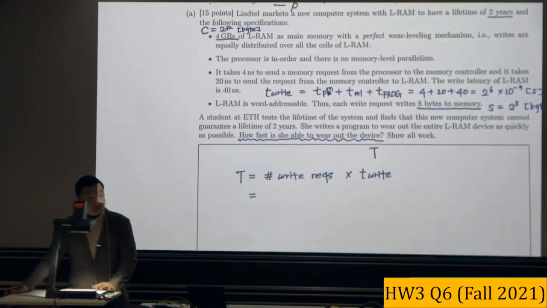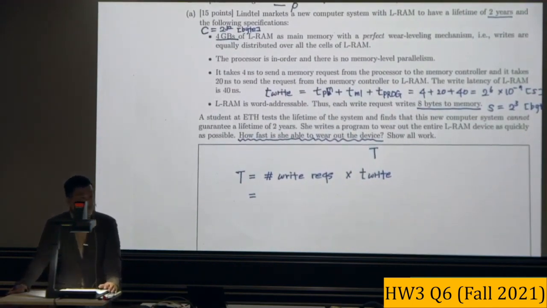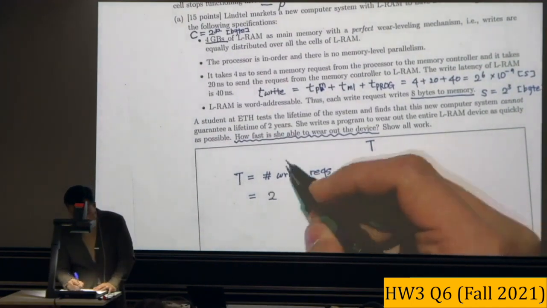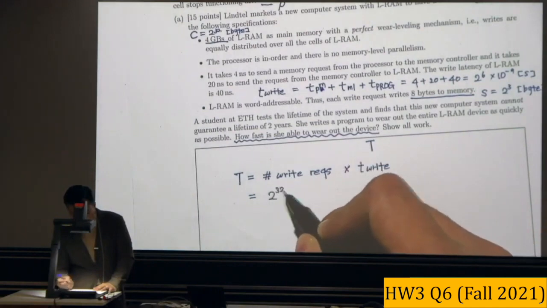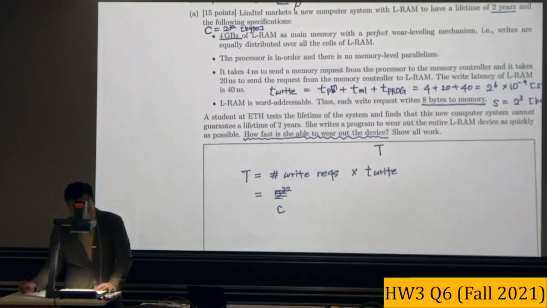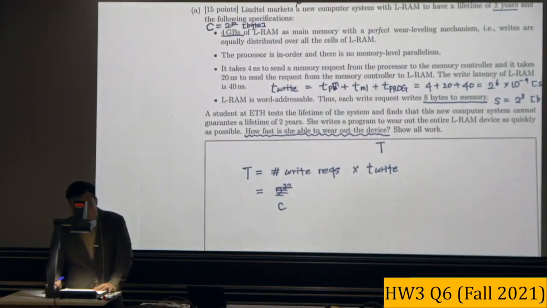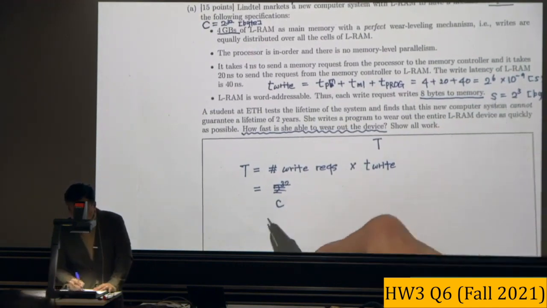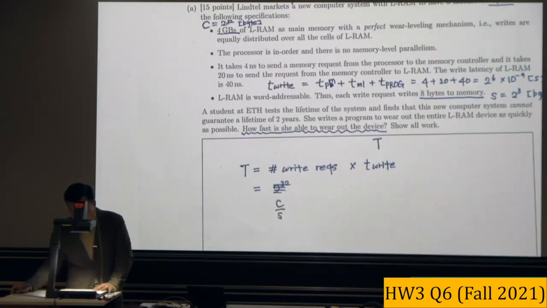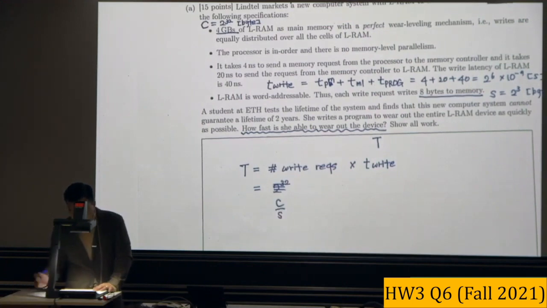Let's first think about how many write requests are necessary to write the whole device just one time. Then, we need to fill the data for the entire capacity. So let's first use the terminology C, and we can write as large as the size S. So the total number of write requests should be C over S.